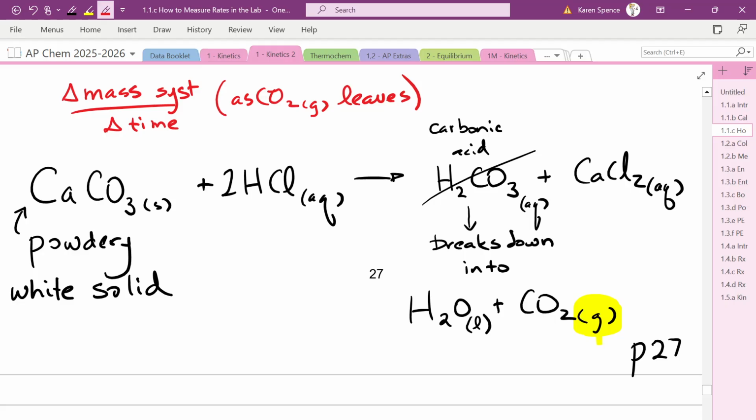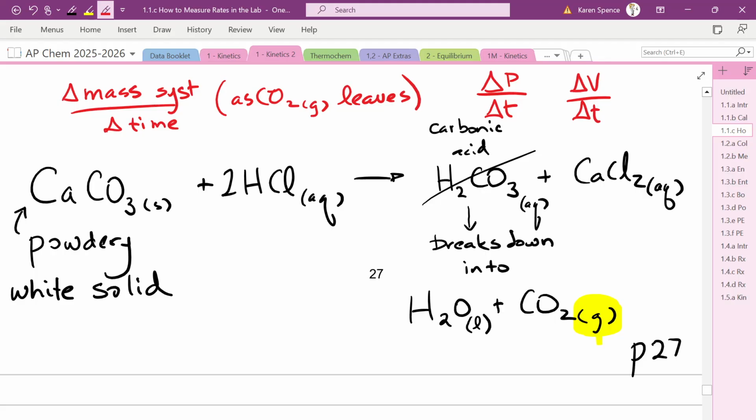So that's an excellent way to do it. What's another one? Yes? We could measure the gas produced. What quantity would you like to measure about the gas produced? Pressure, sure. You could do a change in pressure over a change in time. Yes? You could do a change in volume over a change in time.